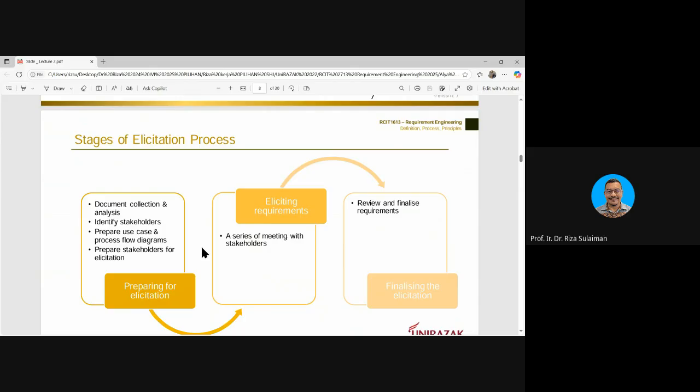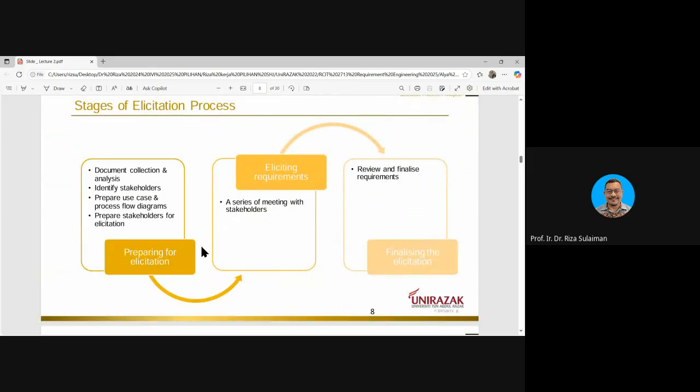You need to look at document collection and identify the stakeholders, the people involved. There could be more than one stakeholder. And then you need to prepare a use case or a flow process diagram, and prepare the stakeholders for elicitation.